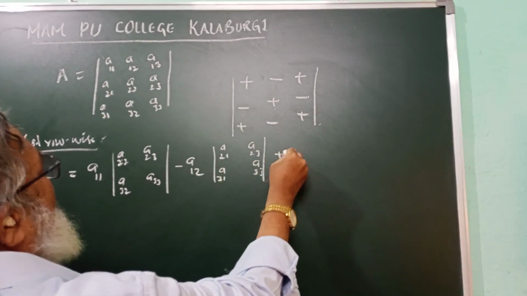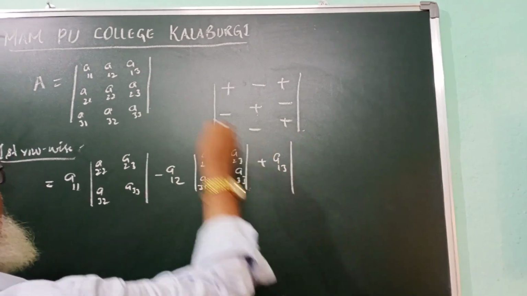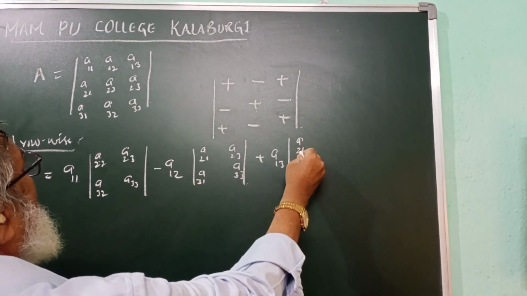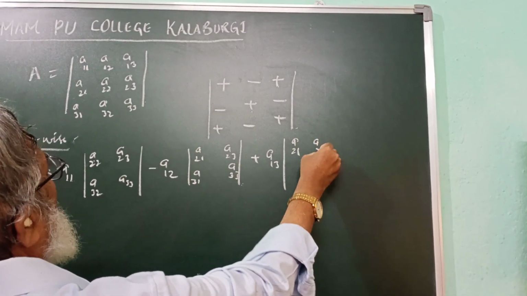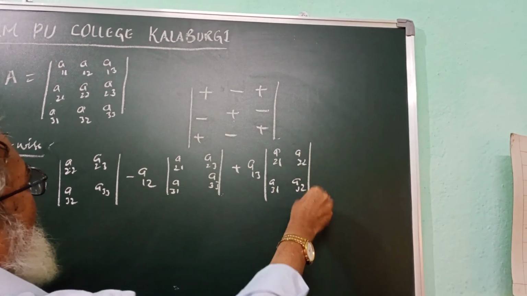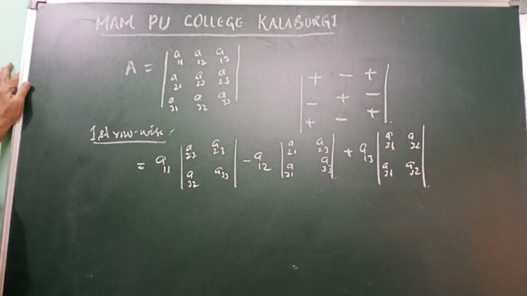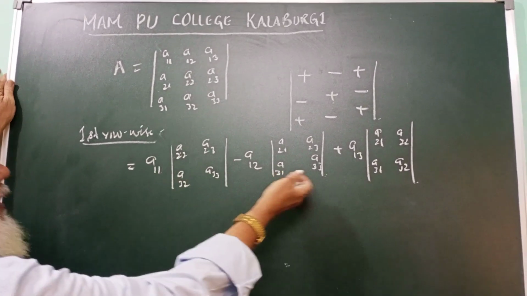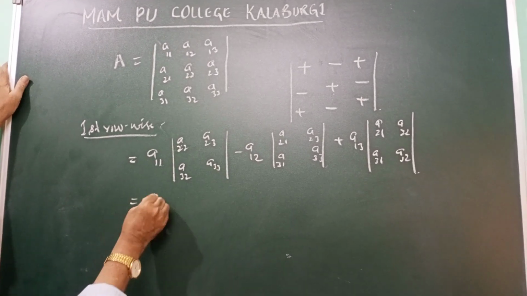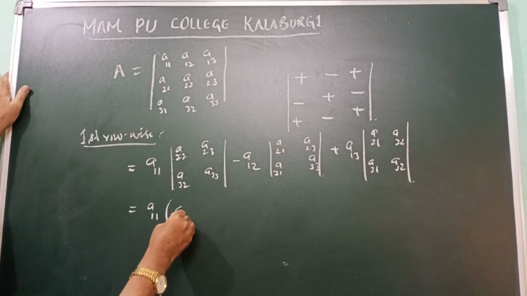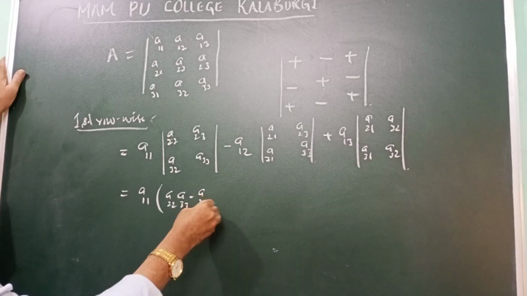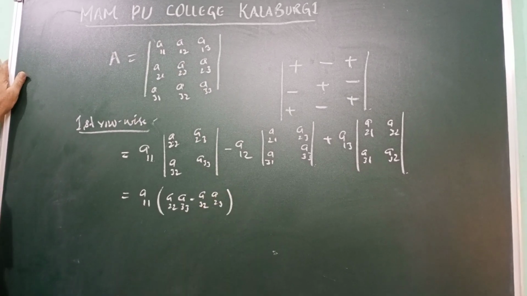And then for the third element we have plus sign, positive. So we take A13. Delete the column, delete the row. So A21, A22, A31, A32. This is the expansion first row wise. Now these three are second order determinants, and we know how to expand the second order determinant. It is A11 into A22 into A33 minus A32 into A23.